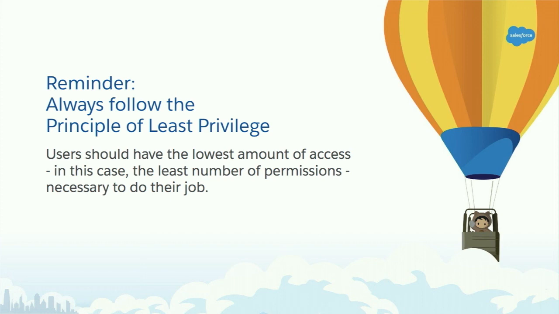This prevents unauthorized access of sensitive records and information by only granting privileges to those people who absolutely require access. This is a great opportunity to remind all of our admins that are watching to make sure your users don't have the system administrator profile or modify all permissions. I know that sounds obvious, but it's a good thing to continue to evaluate and always keep the principle of least privilege in mind.